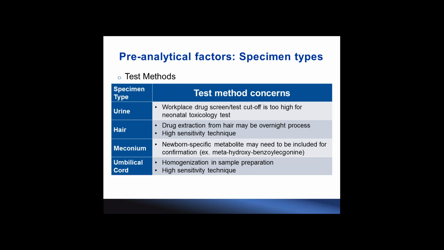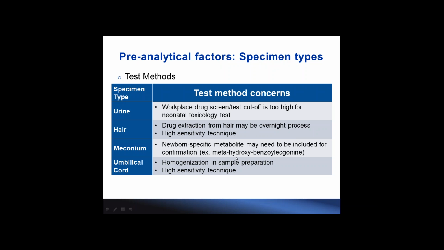For hair, it usually involves an overnight process, so turnaround time is a consideration when we choose hair as a specimen type. For meconium, we need to look for confirmatory methods that have the newborn-specific metabolites.